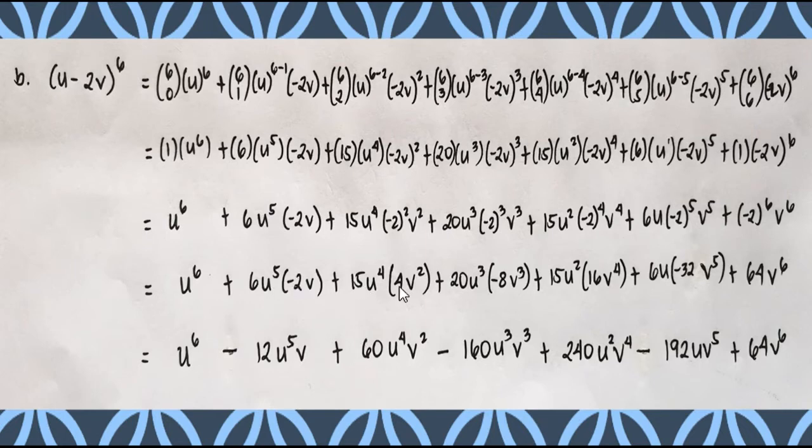Plus 15 times 4, that is 60 u to the power of 4 v squared. Here minus, since 20 times negative 8 is negative 160 u cubed v cubed, plus 15 times 16, that is 240 u squared v to the power of 4. Minus again, because it is negative 32 here. Negative 32 times 6 is negative 192 u v to the power of 5, plus 64 v to the power of 6.